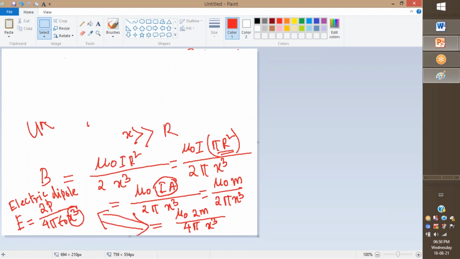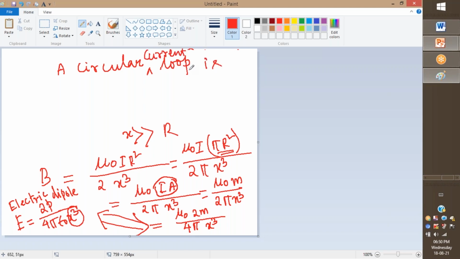If you compare these two, you definitely can tell me that a circular current loop is acting as a magnetic dipole. So this is what we can find out.